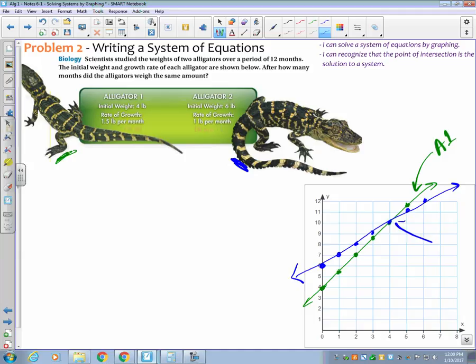And we see that these little alligators will be the same weight after 4 months. They will weigh 10 pounds.